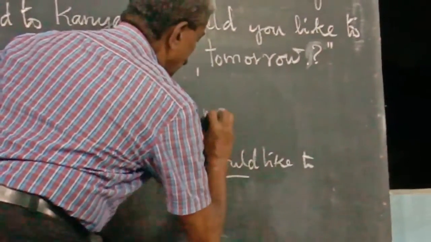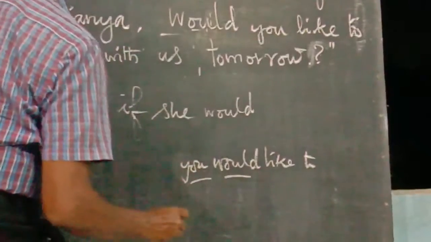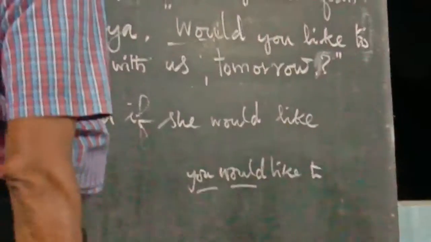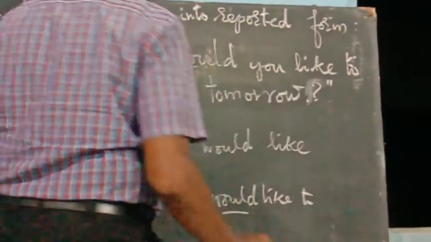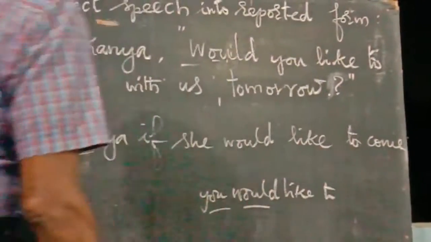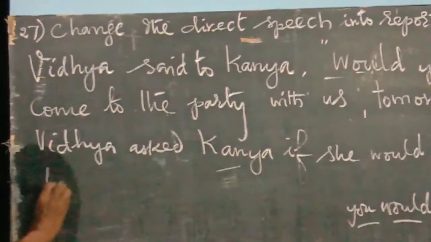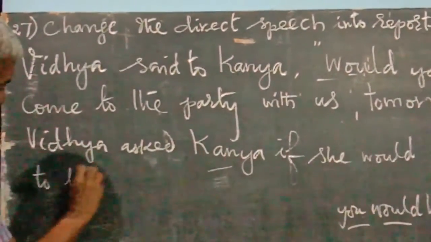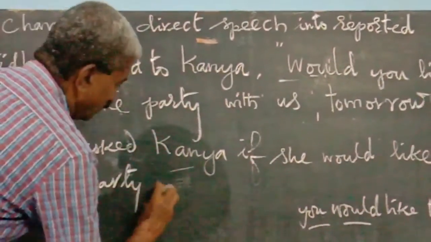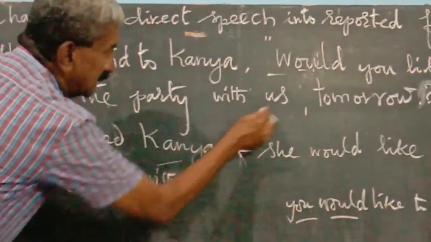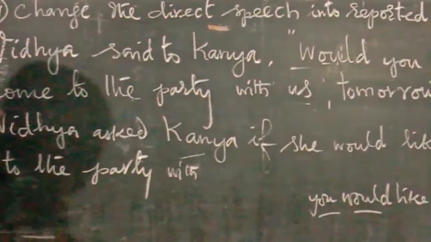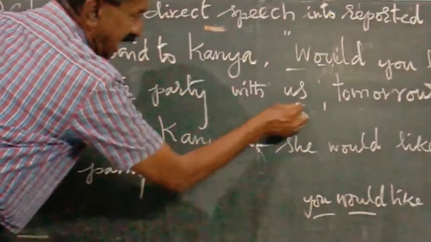So, would like, if she would like to come to the party with, as they are talking, Kanya and Vidya, it refers to them.